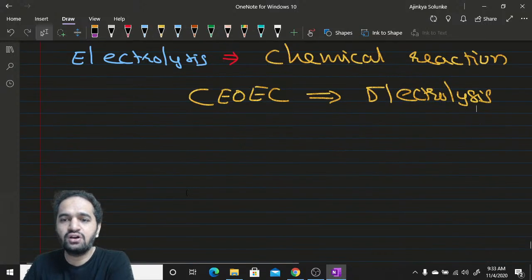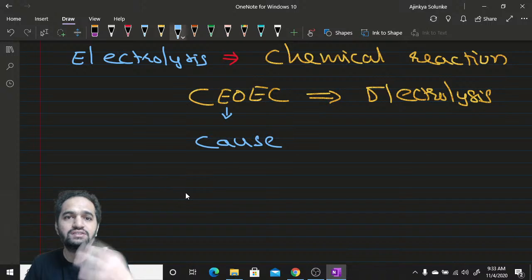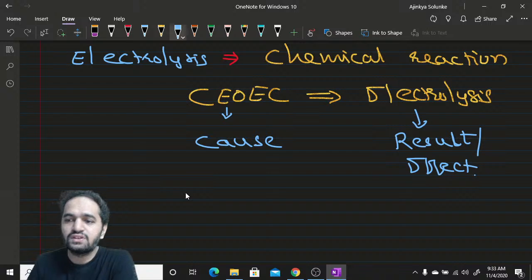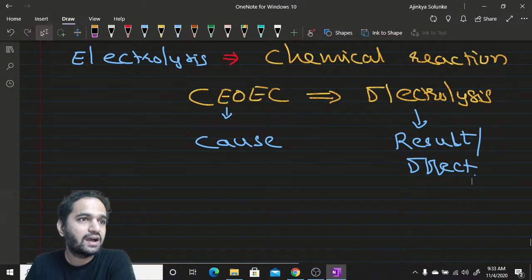This is the cause and this is the result, or effect. Electrolysis is just a chemical reaction, nothing more. So one is the cause, another is the effect. Who is the cause? Chemical effects of electric current. And what is the result? Electrolysis. Are you understanding this?